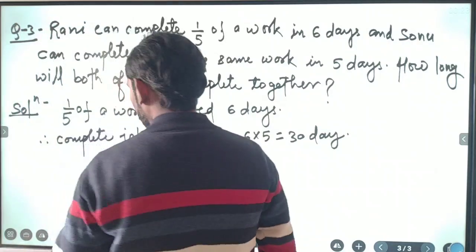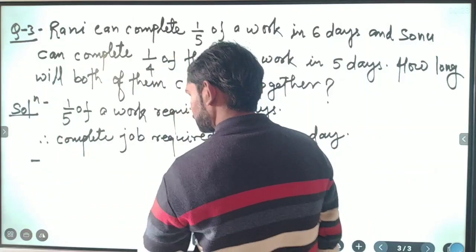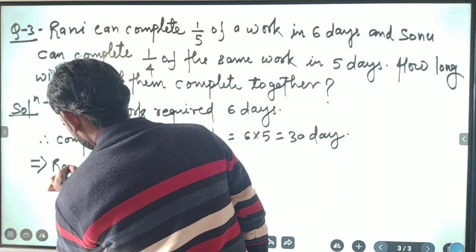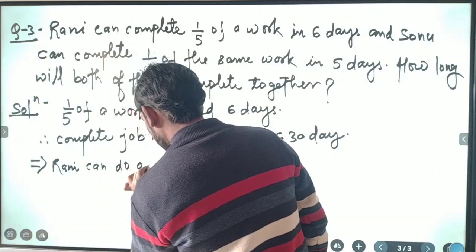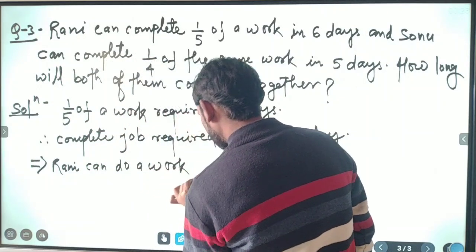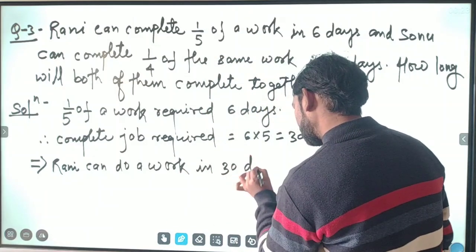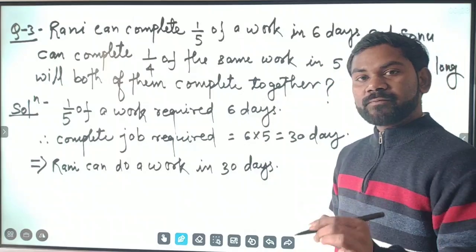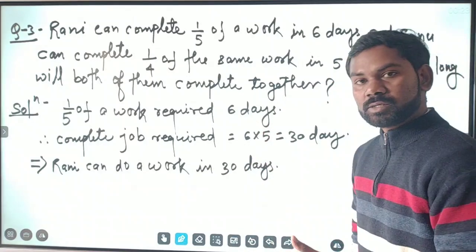So this implies Rani can do the work in 30 days. Similarly, we can find how many days Sonu will require to complete the total job.